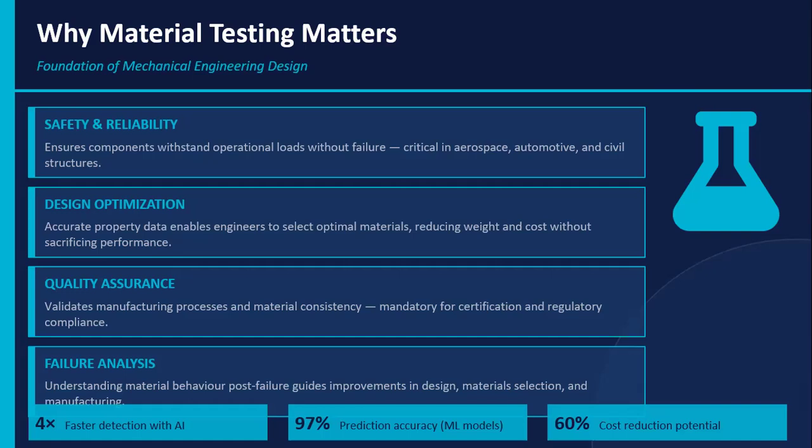Testing supports quality assurance, certification, and regulatory compliance. It also helps in failure analysis, enabling engineers to understand why components fail and how to improve future designs. With AI integration, material property prediction can achieve very high accuracy while significantly reducing testing time and cost.